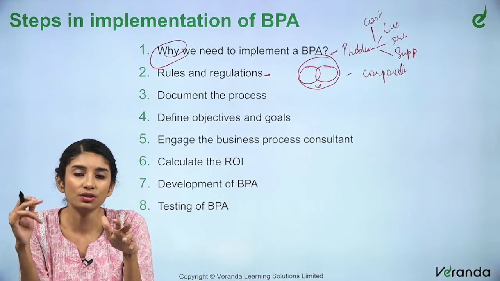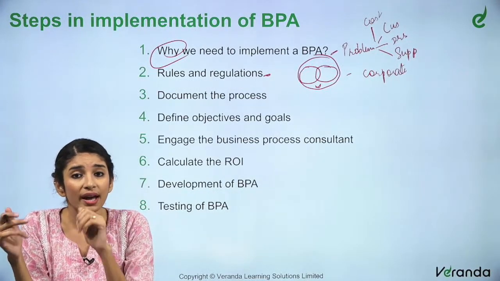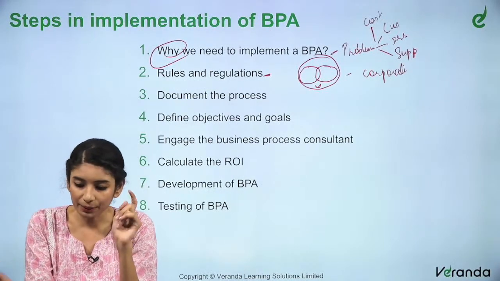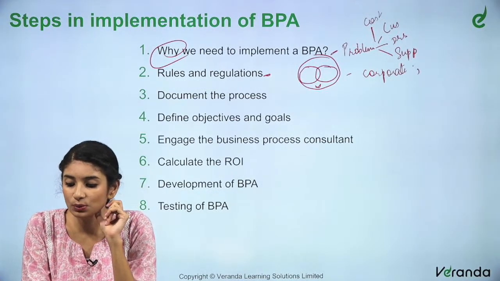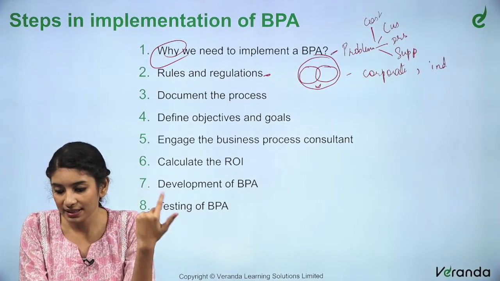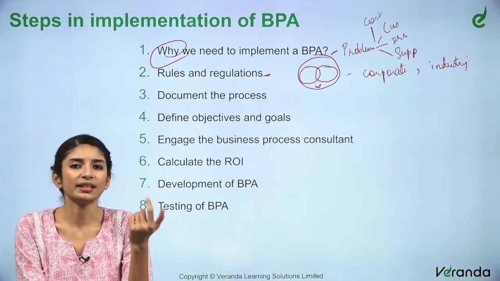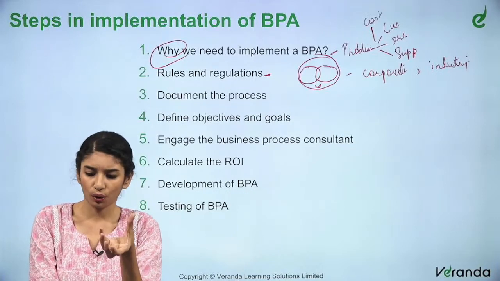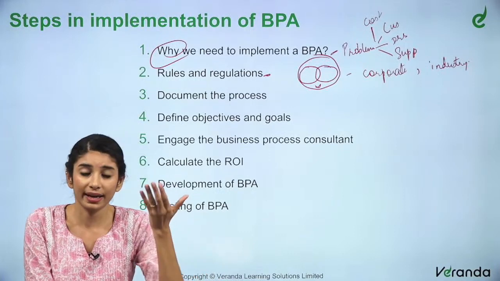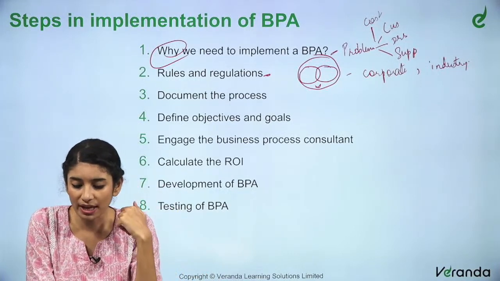But my system is not designed that way, and they are even accepting returns after 25 days. That should not happen. So what are my corporate policies, and what are my industry policies? As an industry, they have certain guidelines and rules that they should all follow. So I have to keep in mind all these rules before I automate any process.